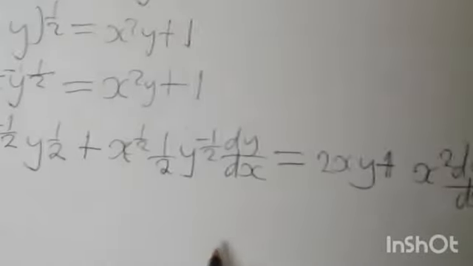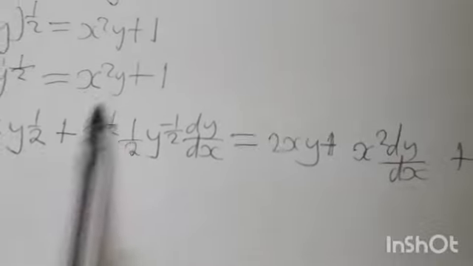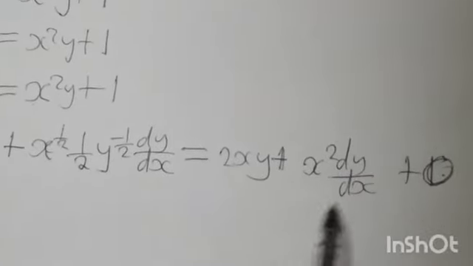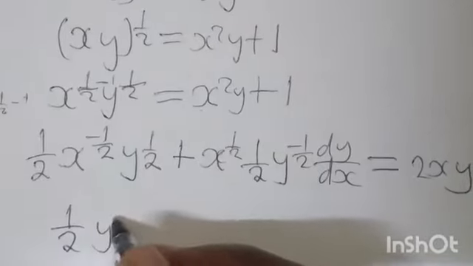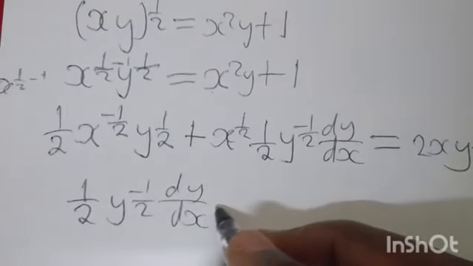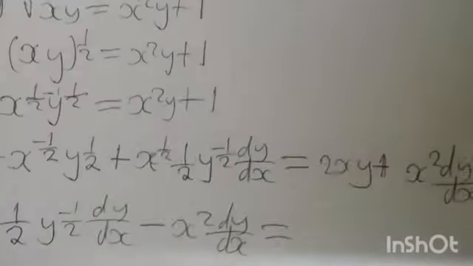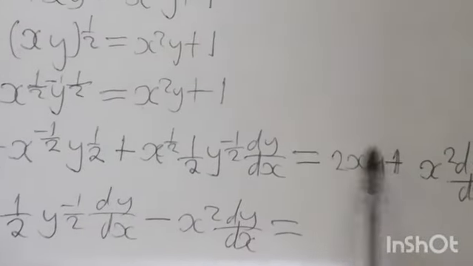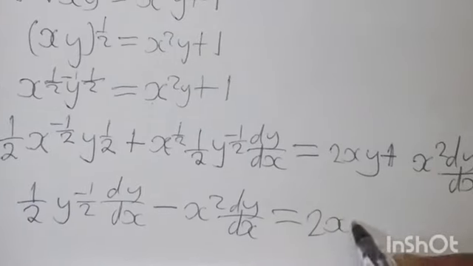Now, our main goal is that whatever has dy over dx should be on one side, and whatever does not should be on the other side. We have dy over dx here, and we also have dy over dx here, so these two can come together. So it will be half y to the negative 1 over 2 dy over dx minus, when this crosses the equal side it will be negative, so x squared dy over dx is equal to 2xy.